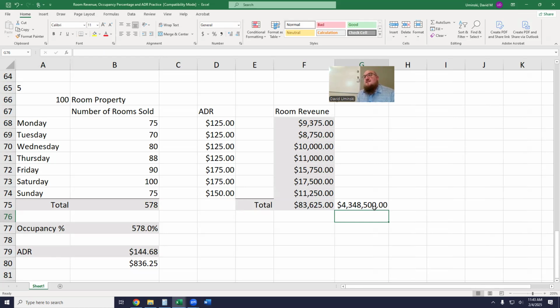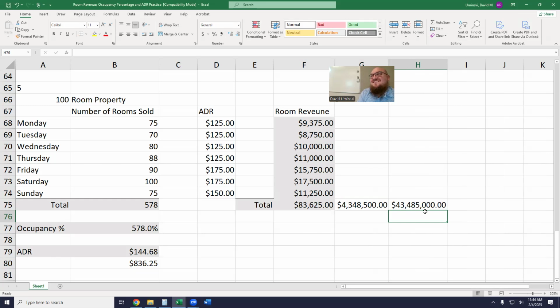Okay, that's the revenue. That's 100 rooms. If we multiply that by 10, I can guarantee you the Marriott downtown is doing way more than $43 million a year. Could you imagine one day you would be the general manager and your job is to manage a budget of $43 million in sales?